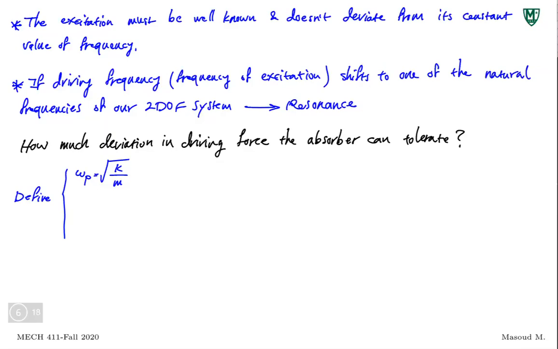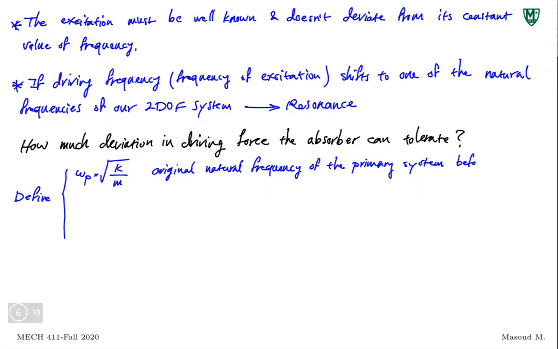It's the original natural frequency of the primary system, the system before I attached the absorber to it. It was just a spring mass system, it had some mass and some stiffness. I called it the primary system. Before that, it has some natural frequency. I called it omega p, the natural frequency of the primary system.